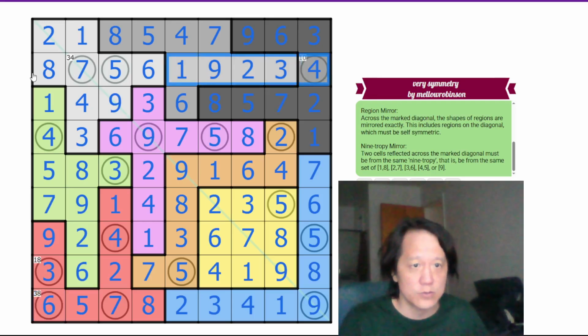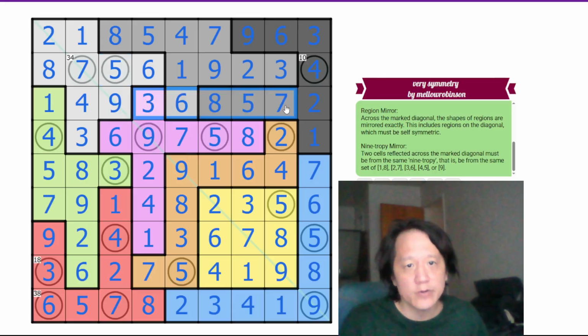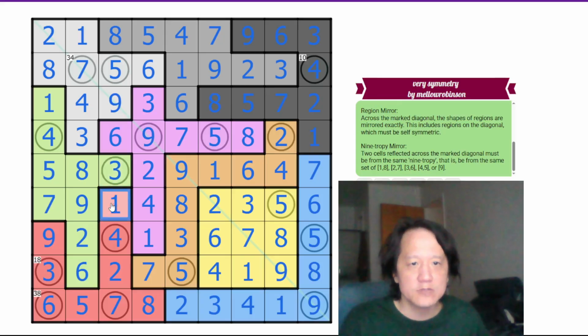Let's go this way. 4, 5, 3, 6, 2 and 2, 9 and 9, 8 and 1, 3 and 6, 4 and 5. Going row 3, column 3, 3, 6, 6, 3, 8, 1, 5, 4, 7, 2, 2, 7. Row 4, 1, 8, 2, 7, 8, 1, 5, 4, 7, 2.